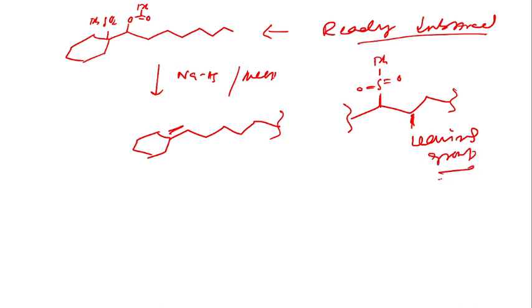That leaving group may be given directly. That can be OAc, that can be what I showed, MeSO2, or this one, OC double bond OPh, this kind of thing.